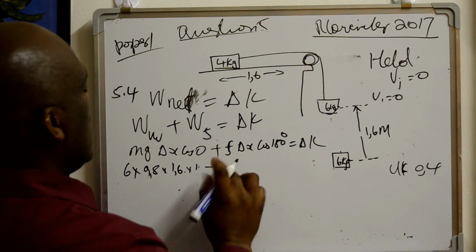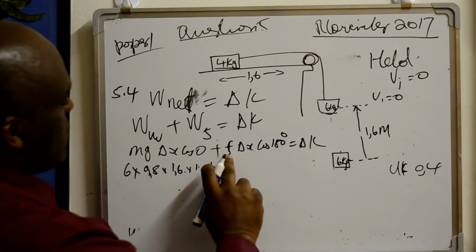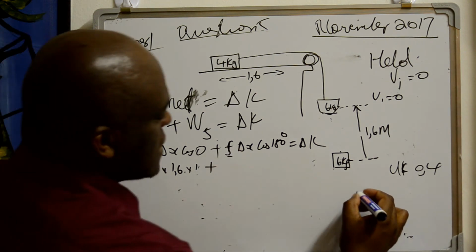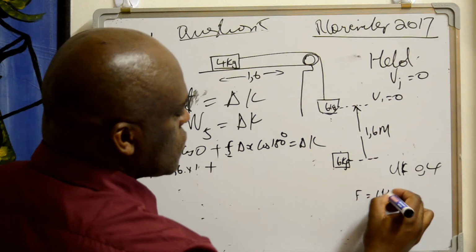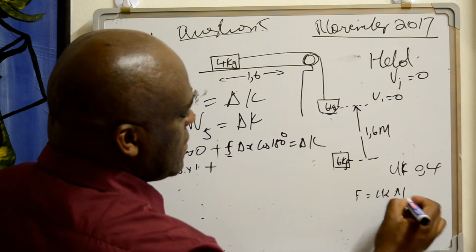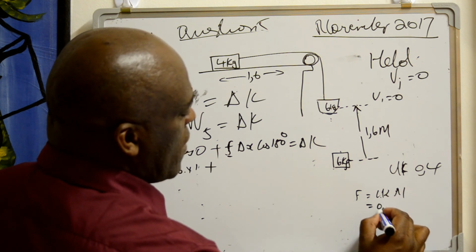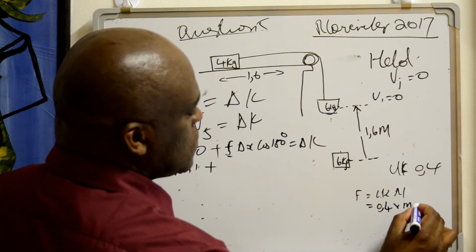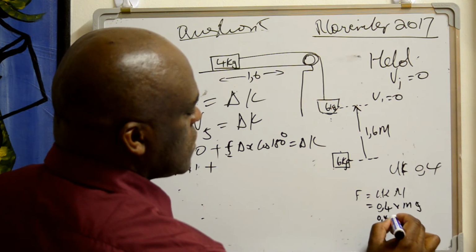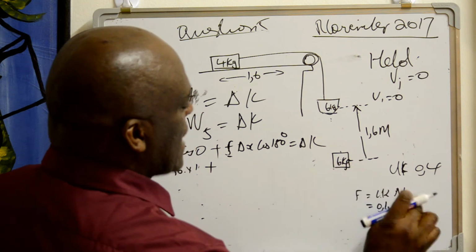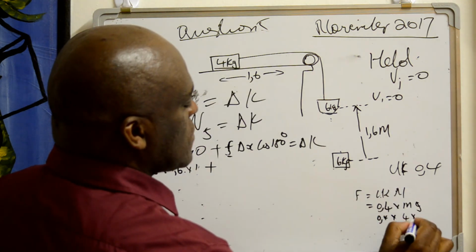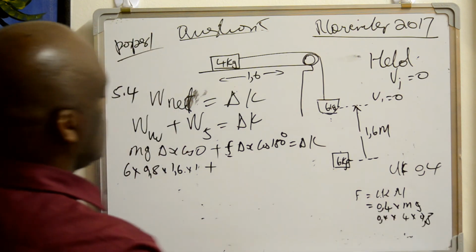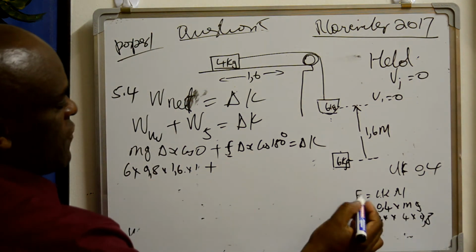Plus, now, what is my friction? We know that the friction force is f equals mu k N, where mu k is 0,4. What is my N? We know it is mg, so it is 0,4 times the mass, 4, times g, 9,8.